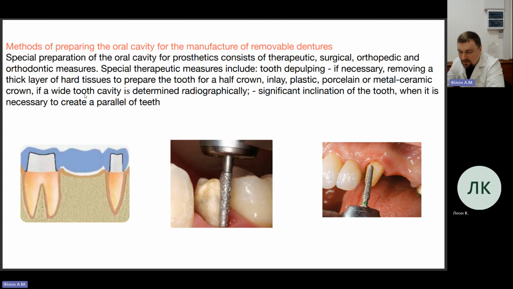Okay, see, here are the pictures. You can see how to prepare the teeth for the crowns. Look at this. Here we're talking about parallelism. See this tooth?